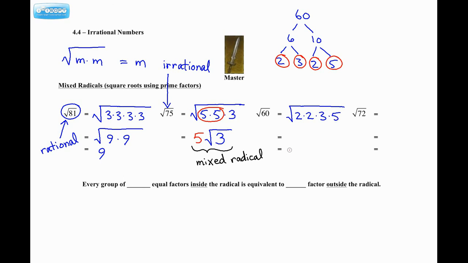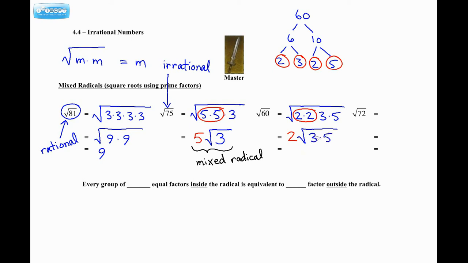So if we want to effectively reduce this radical, so it looks kind of like this one, we want to look for all of the factors that are repeated. Well, I have 2 factors of 2, so that's good. Unfortunately, I have 1 factor of 3, just like this one, and I have only 1 factor of 5. There's nothing I can do with this 3 and 5, so they are trapped underneath this root sign. But I have 2 factors of 2, so I can pull them out, and it just becomes 1 factor of 2, times the root of 3 times 5.